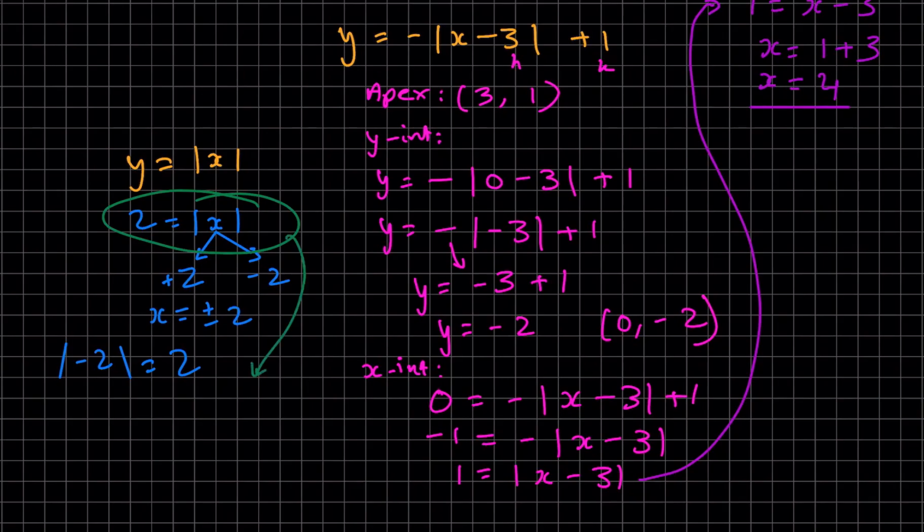The first being the very simple one, 2 equals x, to get our positive 2 value for x. And the other one was actually taking the negative of what's inside the modulus. So the second equation was actually 2 equals the negative of what's inside the modulus, which is negative x. And solving this for x, you would get x equals negative 2.